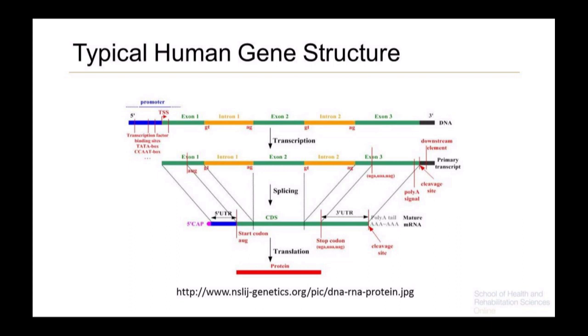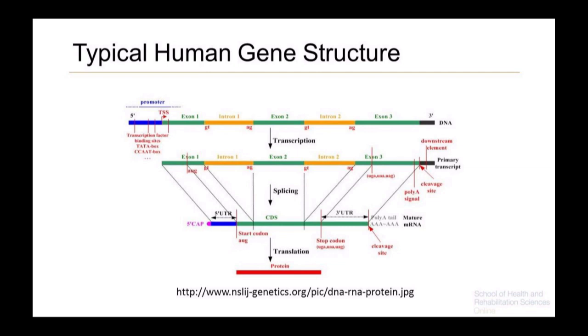The next step is called splicing, which removes those introns. Intron 1, intron 2 here are removed, and those exons are merged together. So exon 1, exon 2, and exon 3 are linked. What we have in this step is a mature messenger RNA.